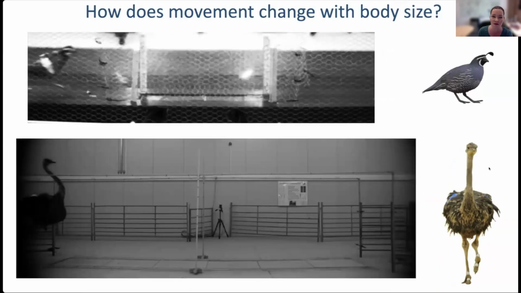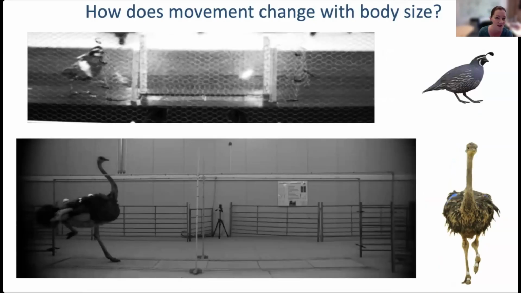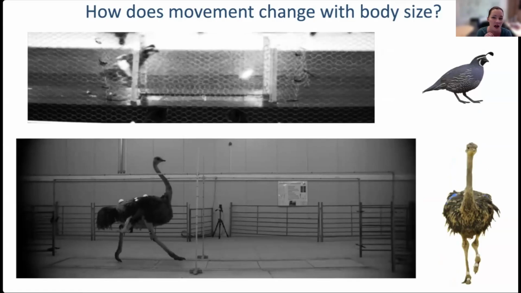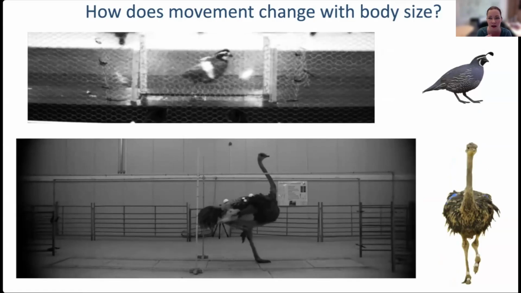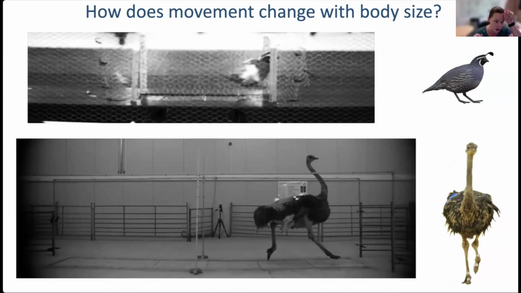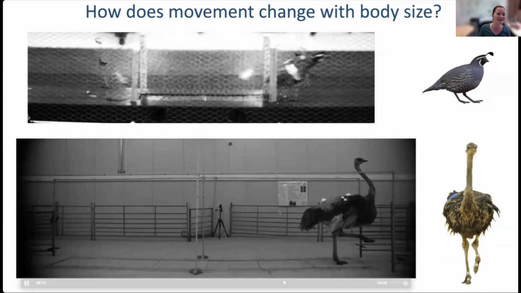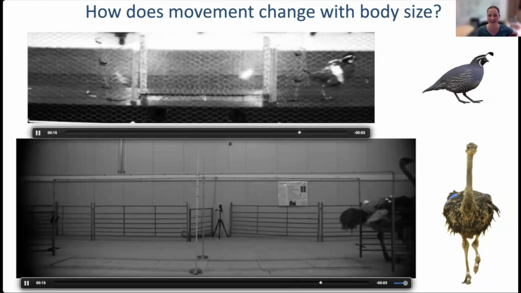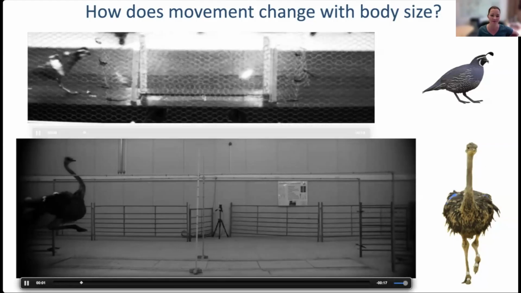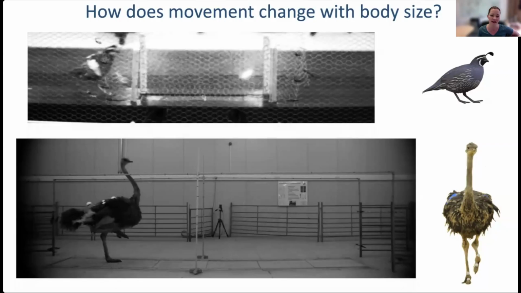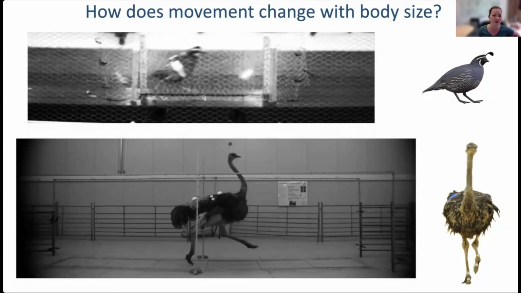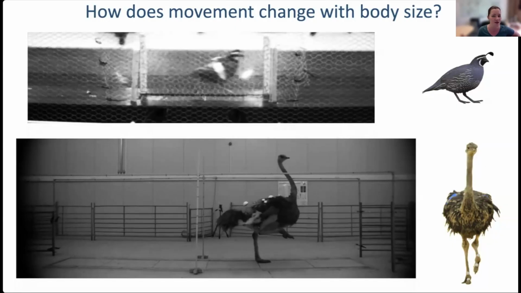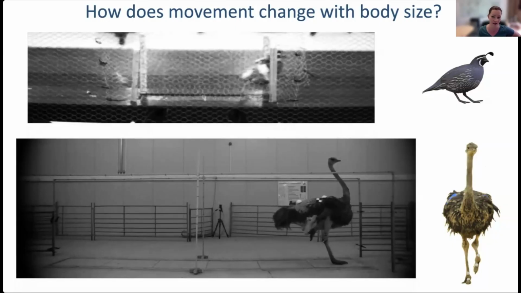We can also look at different species of different size. So these are videos of a bobwhite quail. I think the picture is technically a different kind of quail, but has a similar dingle whapper. And if you watch these videos for a minute, you might notice that there do appear to be some differences in the characteristics of movement between our small quail and an ostrich.